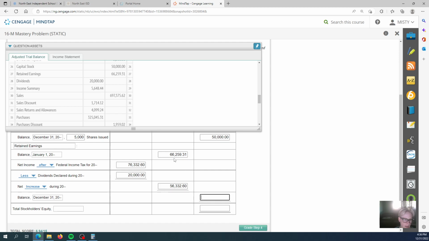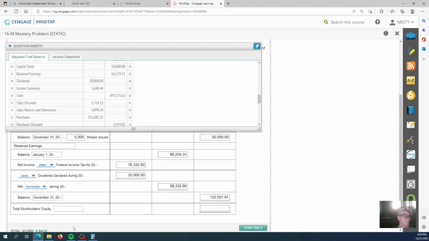Well, we're going to add this number and this number, okay? Because this is what we had January 1st. This is what we had. That is our net increase. So if we add those two together, we get 122,591.91. All right? That's going to be our balance.